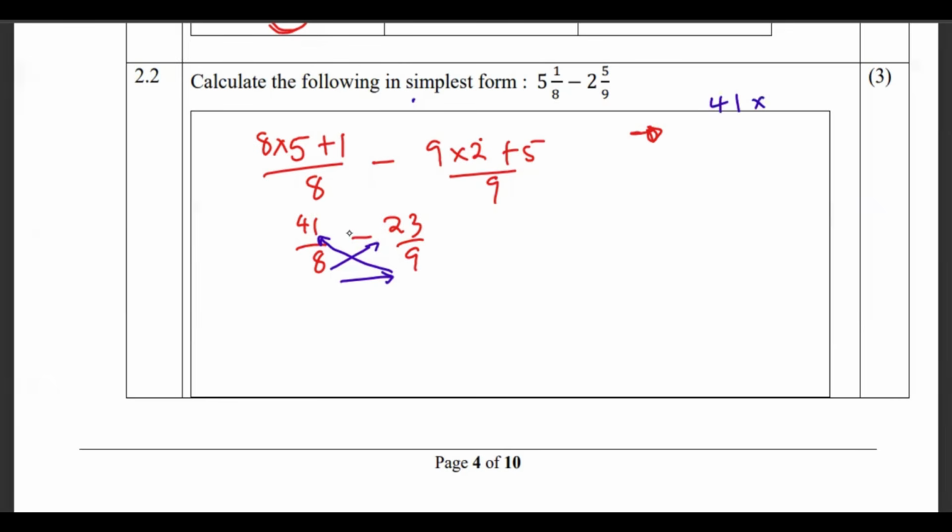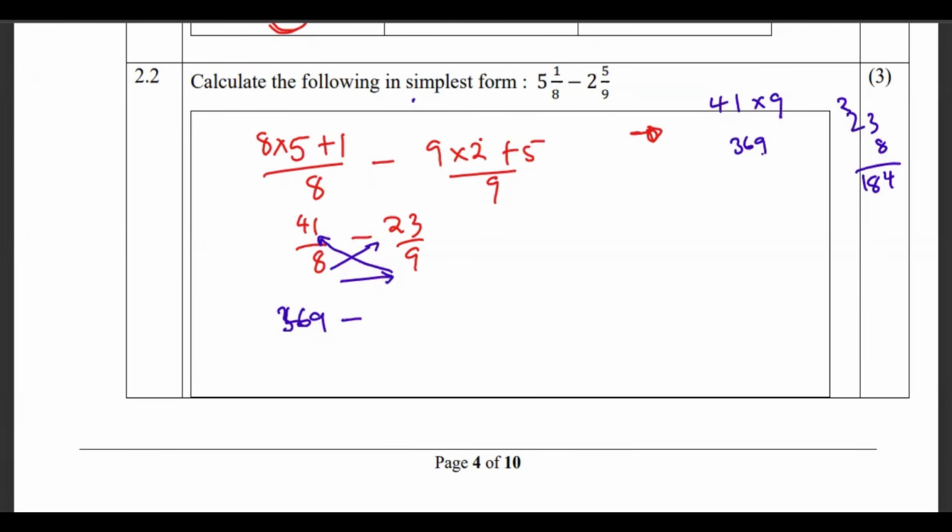I know that 41 times 9 is going to give me 369, because 9 times 1 is 9, 9 times 4 is 36. Okay, so I'll say 369 minus, what is 23 times 8? That's a 4 and a 2. 2 times 8 is 16 plus 2 is 18, which is 184.